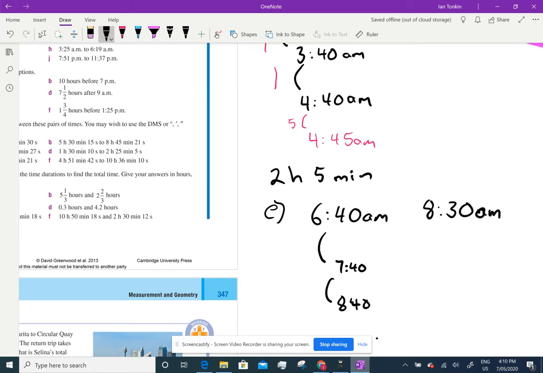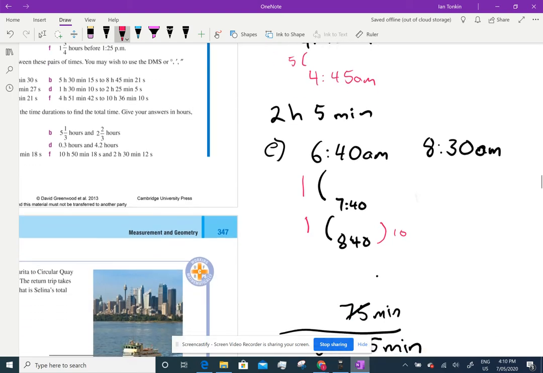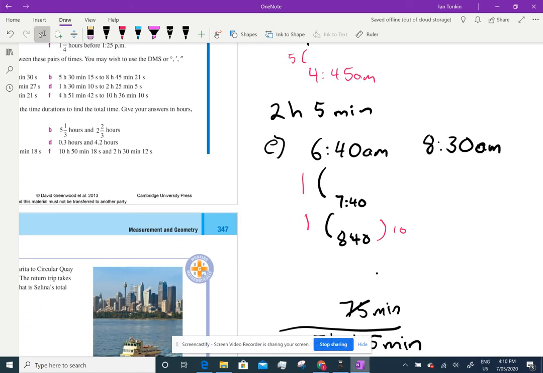Oh, but that's too big, so I have to come back 10 minutes. So I go 2 hours up and 10 minutes back. Well, that'll be 1 hour. And what's 10 minutes off an hour? 1 hour, 10 minutes off an hour, 50 minutes.